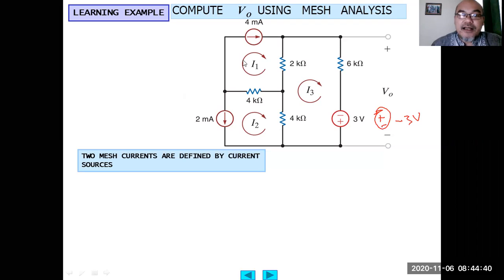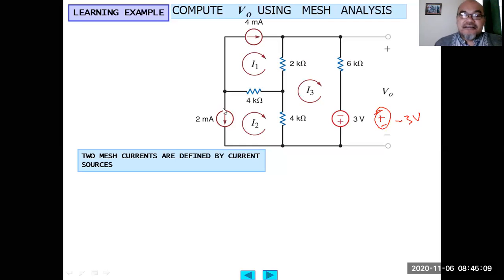We have 3 basically, I1, I2 and I3. However, the first loop and the second loop each already have an independent current source, and they are not shared by other loop currents. So in one way it becomes easy and straightforward, but on the other hand there may be some catch later.